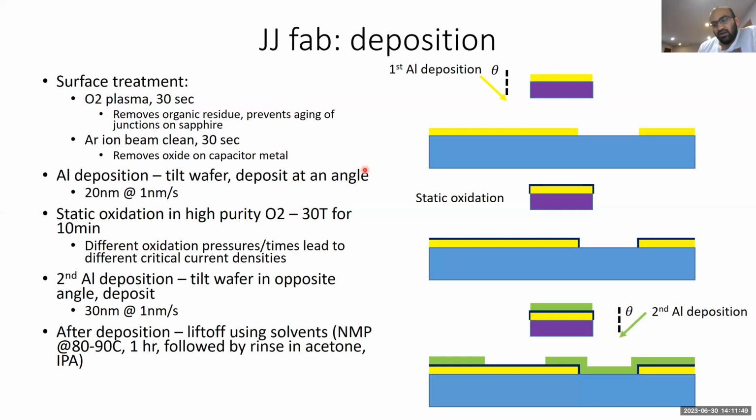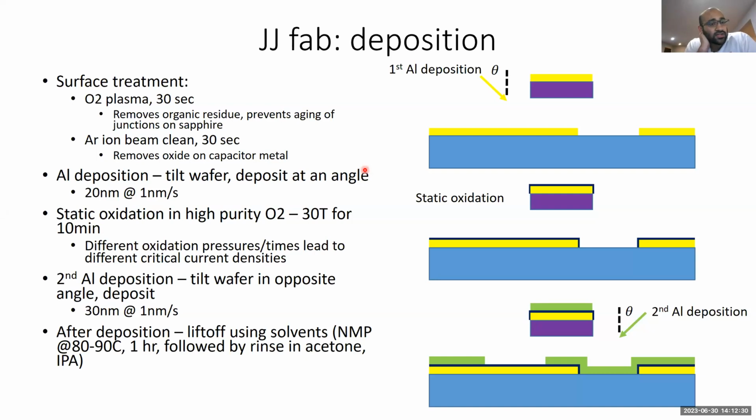And by aging, I mean that after you make your junction, over time, if you keep measuring the resistance of your junction, you'll find the resistance keeps increasing until it just becomes open, and that's inherently due to the metastability of the junction oxide and its interaction with the aluminum electrodes. But if you do an oxygen plasma treatment, that just stops happening. It will age for a little bit. The resistance will increase over a couple weeks, and then it'll stop aging.